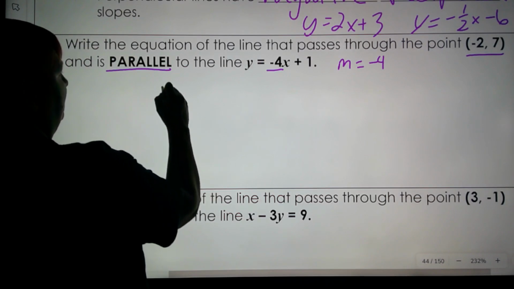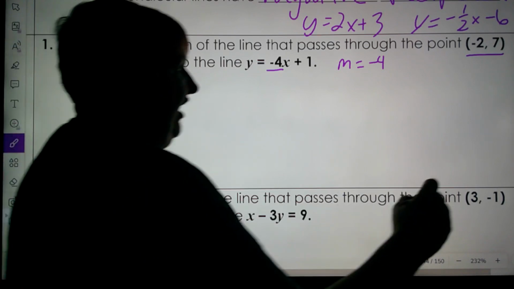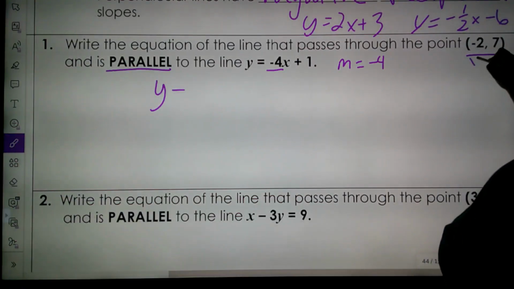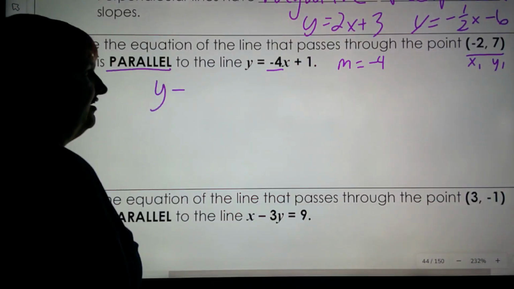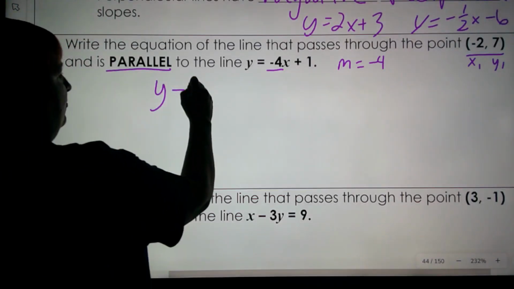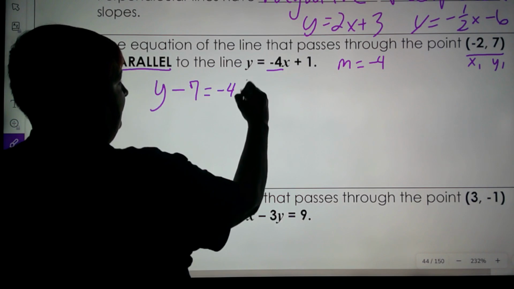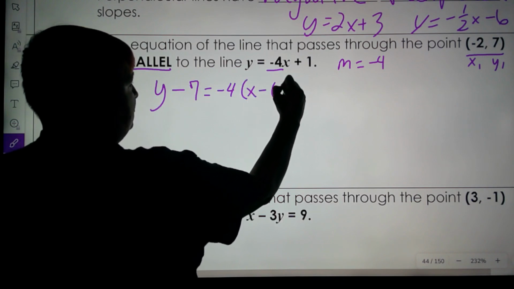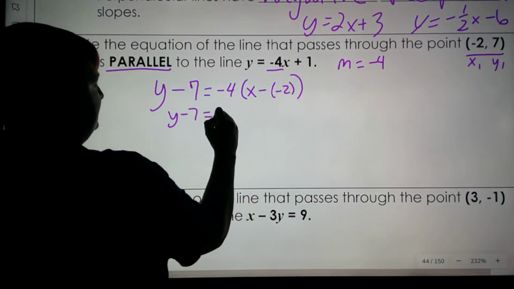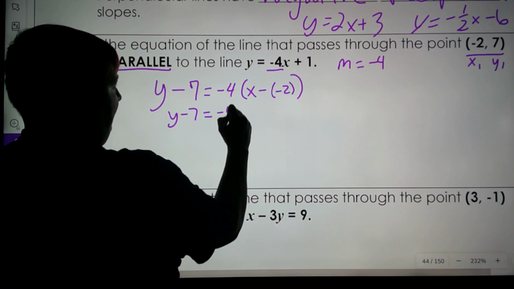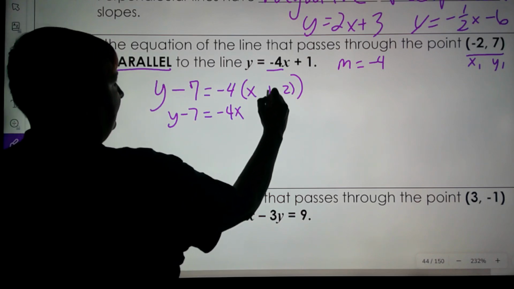So what's the point-slope formula? y minus y1, x1, y1, just labeling it so you can see it. y minus y1 is equal to m times x minus x1. So y minus 7 equals negative 4x. This becomes positive.